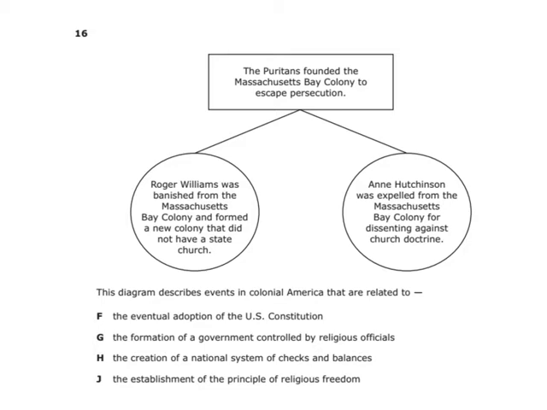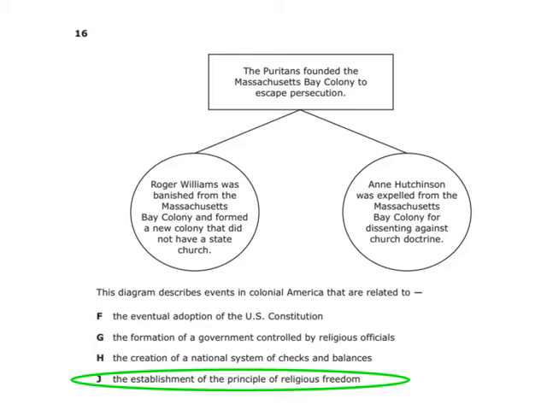Puritans founded the Massachusetts Bay Colony to escape persecution. Roger Williams was banished from the Massachusetts Bay Colony and formed a new colony that did not have a state church. Anne Hutchinson was expelled from the Massachusetts Bay Colony for dissenting against church doctrine. This diagram describes events in colonial America that are related to the establishment of the principle of religious freedom.